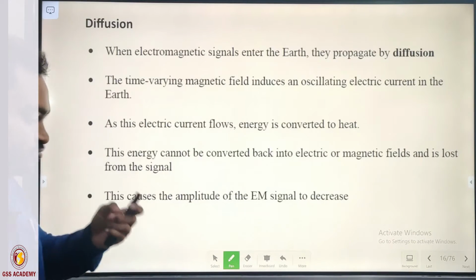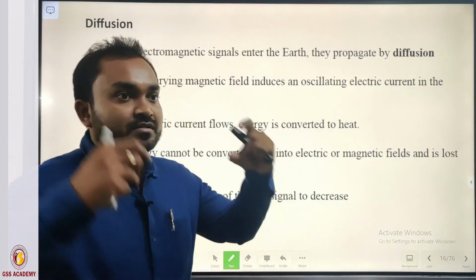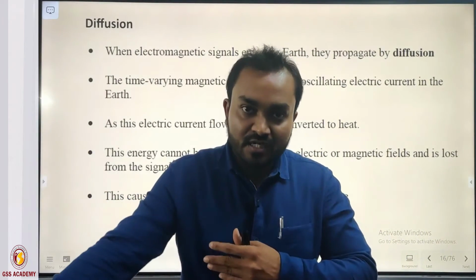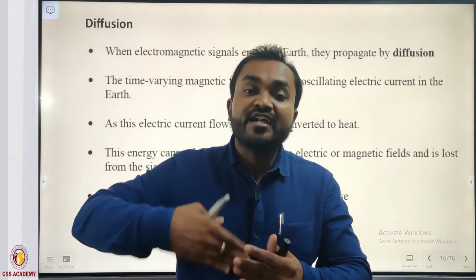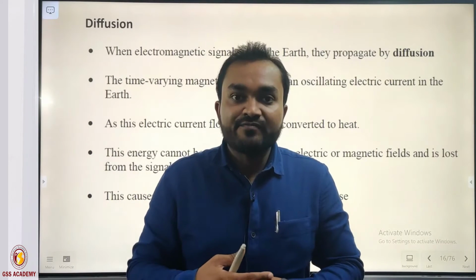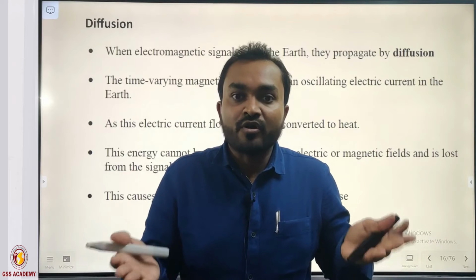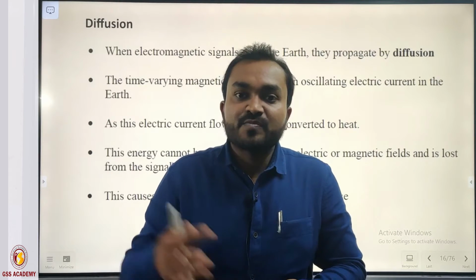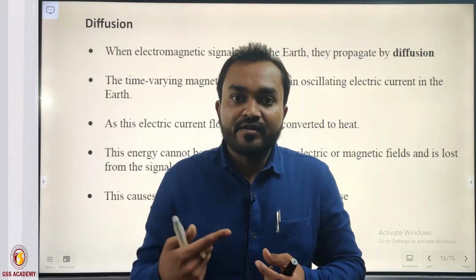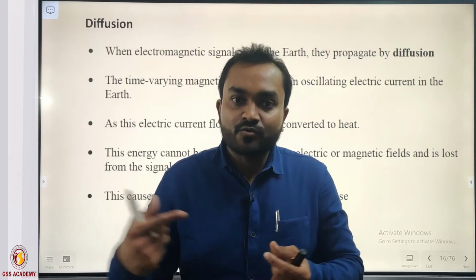Next is, as we have told, first we have shown you the electromagnetic wave propagation. Now how does this electromagnetic diffusion happen, okay. We have seen that if air is not conductive, and space is also not conductive, the electromagnetic fields propagate as a wave.